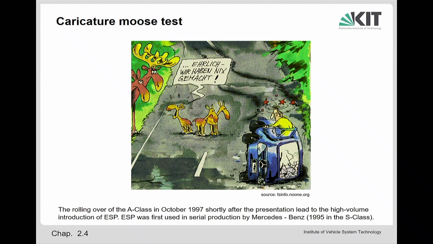So they were forced to, in order to save their investment for this small car and to be able to bring that car into the market, bring this ESP system, the stability system, into this small car. And that's something car manufacturers normally do not do.